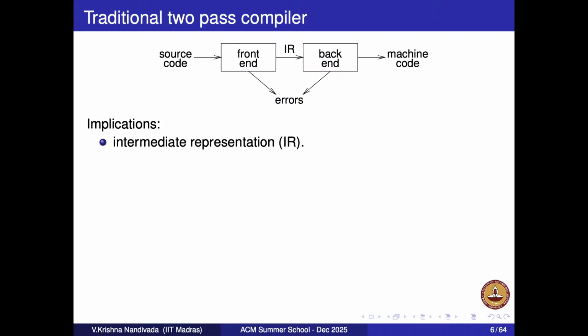What type of errors are we talking about? Can you give me some examples of errors? Say syntax errors. Syntax errors are given by which pass? Front end, back end? Front end, okay. Give me an example of a syntax error. Semicolon missing, okay. Which is given by the parser, right? What about the scanner? Can the scanner give an error?